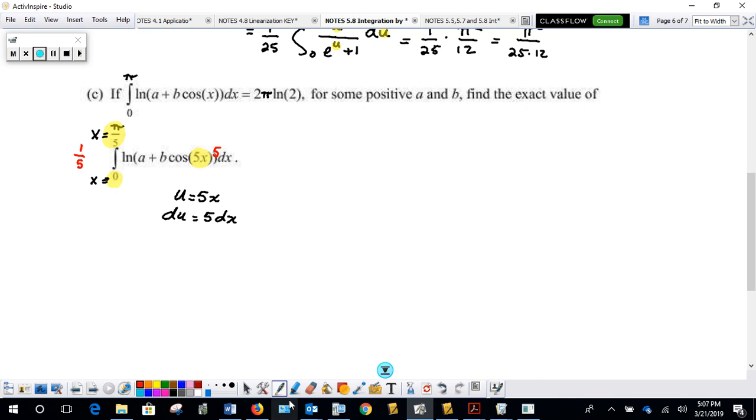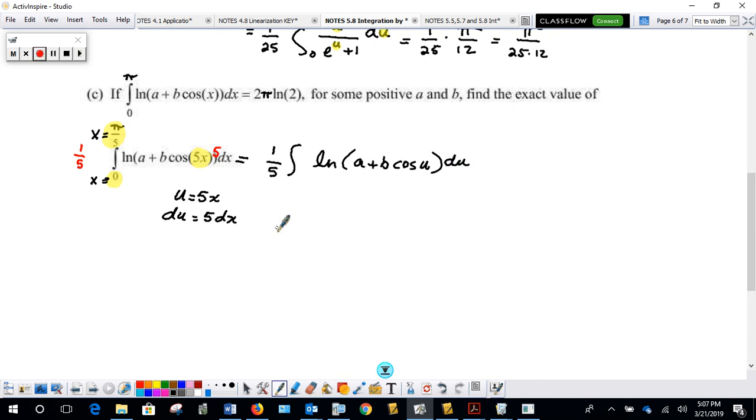And so when I go to make my substitution for this one, it's something a little new here: this antiderivative is going to change to natural log of a plus b cosine of u, then the 5 and the dx is going to change to du.